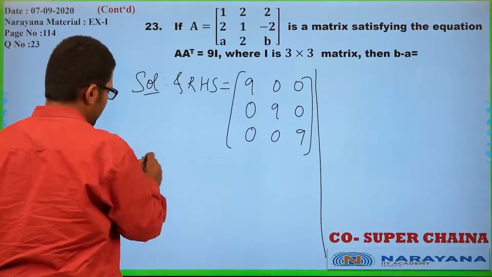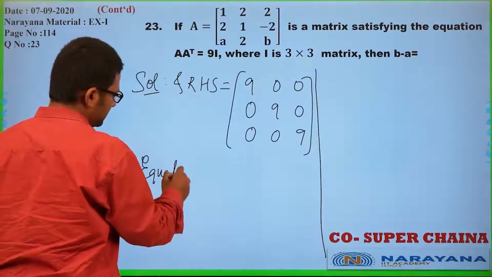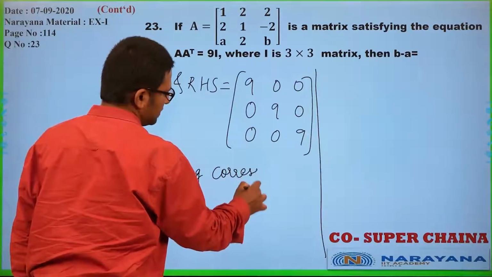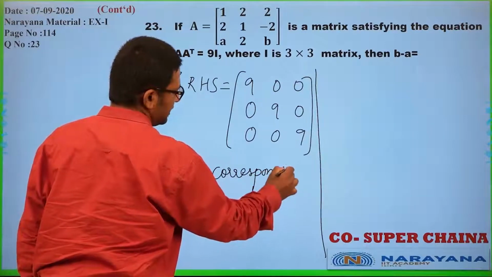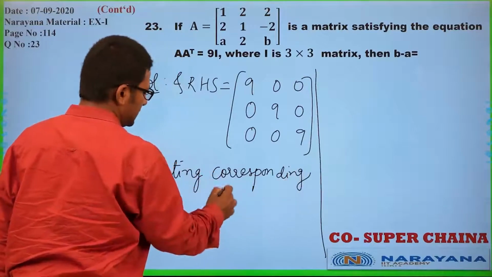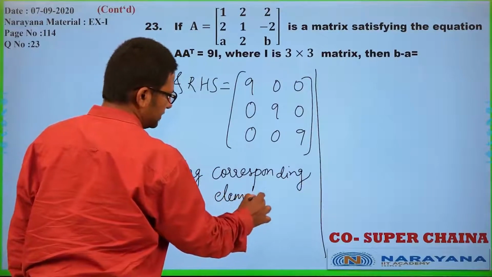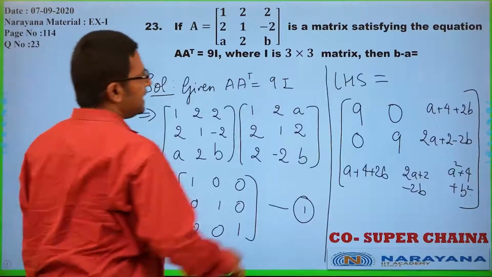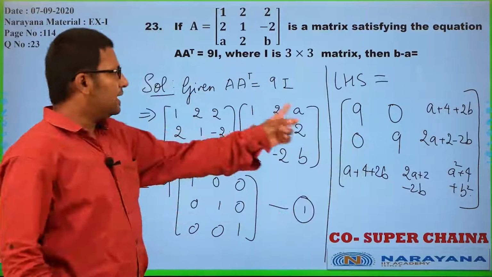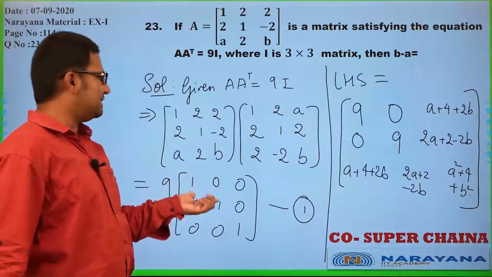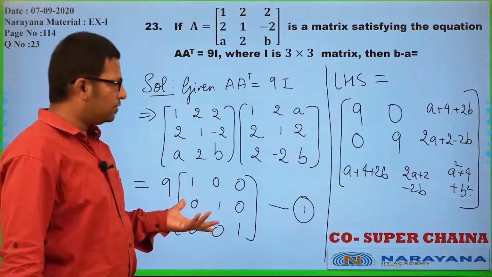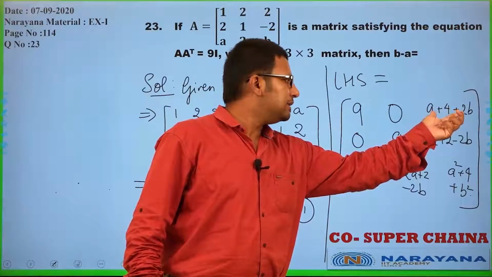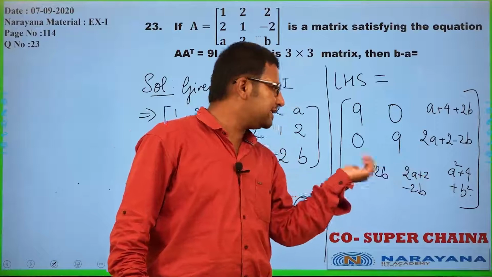So we will say equating the elements, or equating corresponding elements, which means equating elements at the same position. Now which element should we equate? You see, look at these two. I know 9, 0, 0, 9 is going to match exactly, so that is of no use. What we should be equating is any one of the elements in these places that contain a and b.